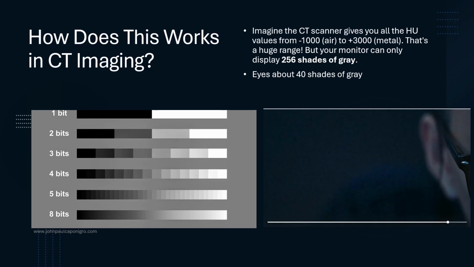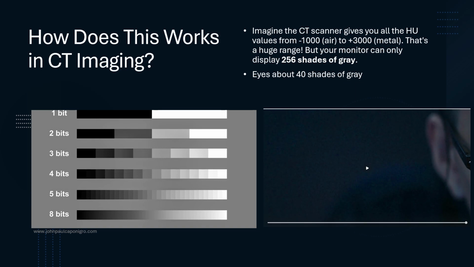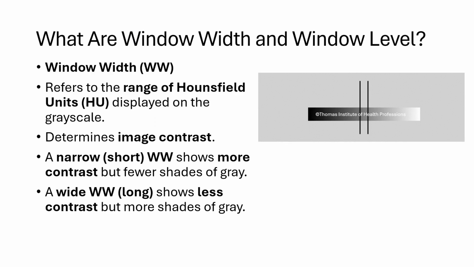This is where window width comes in. It decides how many Hounsfield unit values will be displayed as shades of gray. Think of window width as the range of CT numbers that actually get displayed on your image.